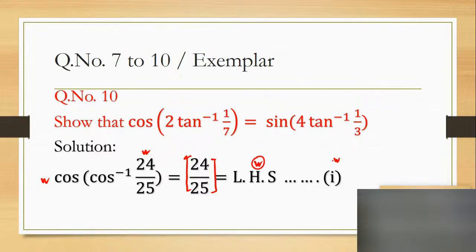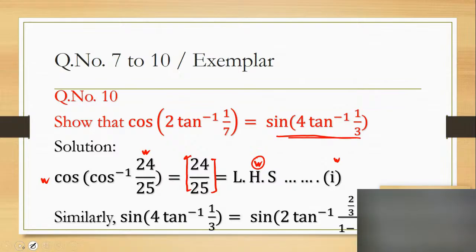Suppose this is 1. Now consider the RHS. So in the RHS we have sine 4 tan inverse 1 by 3 equal to sine 2 into 2 tan inverse 1 by 3. So this will be 2 by 3 over 1 minus 1 by 3 whole square, equal to 9.